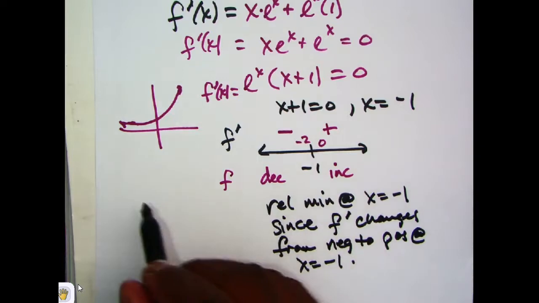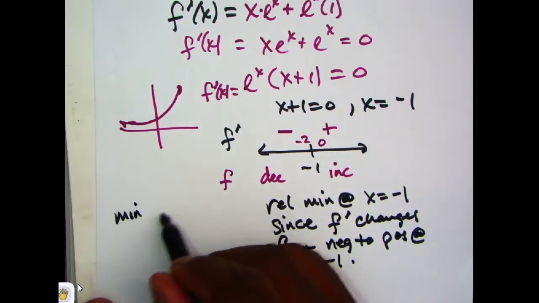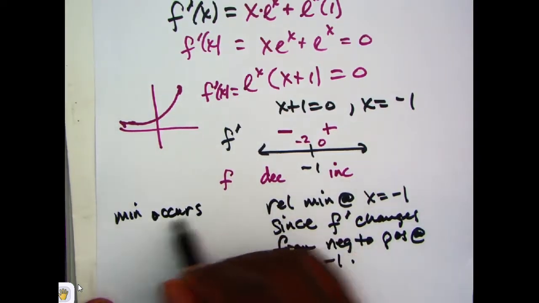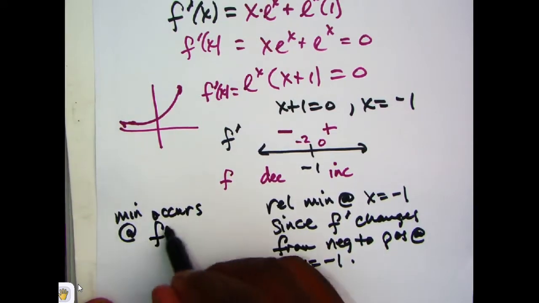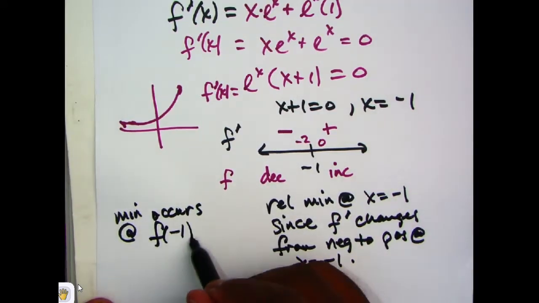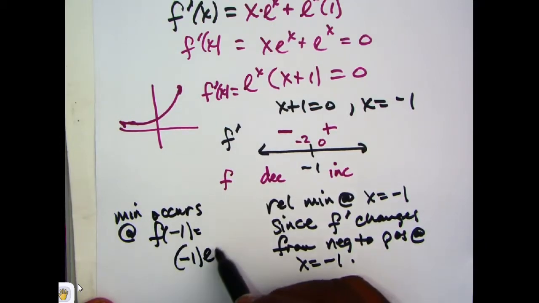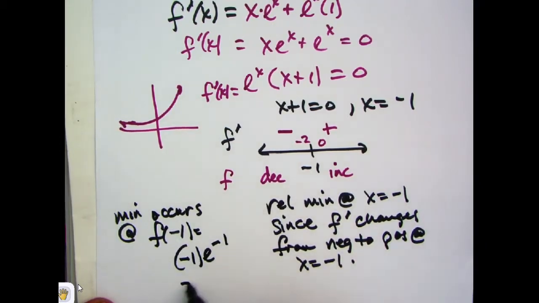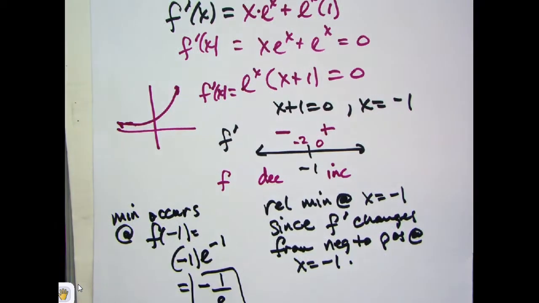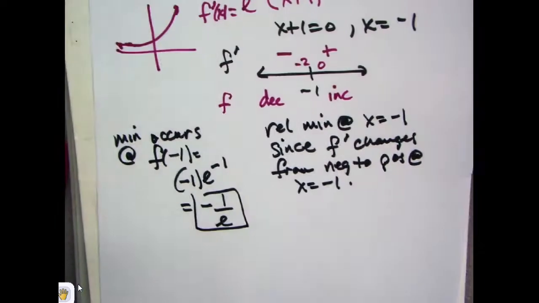Substitute into f of x. So minimum occurs at f of negative 1, which is equal to negative 1 times e to the negative first power, or negative 1 over e. So our minimum value is negative 1 over e.